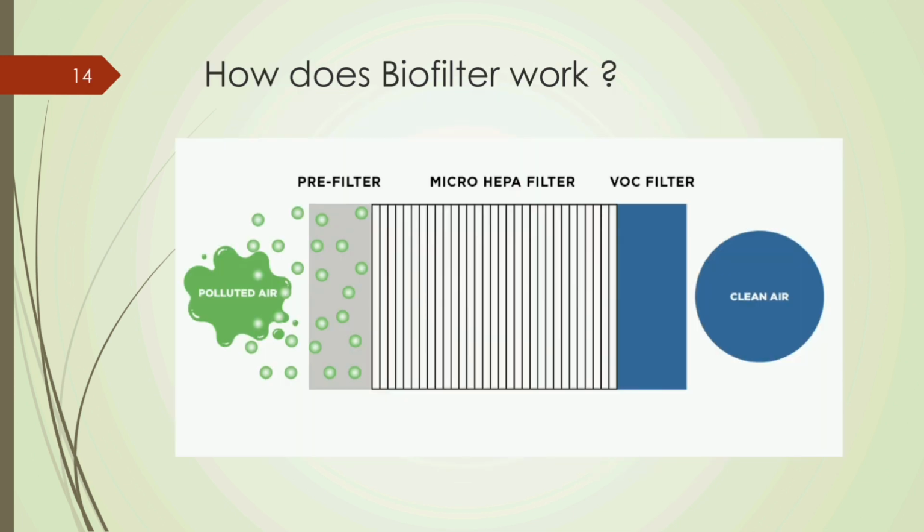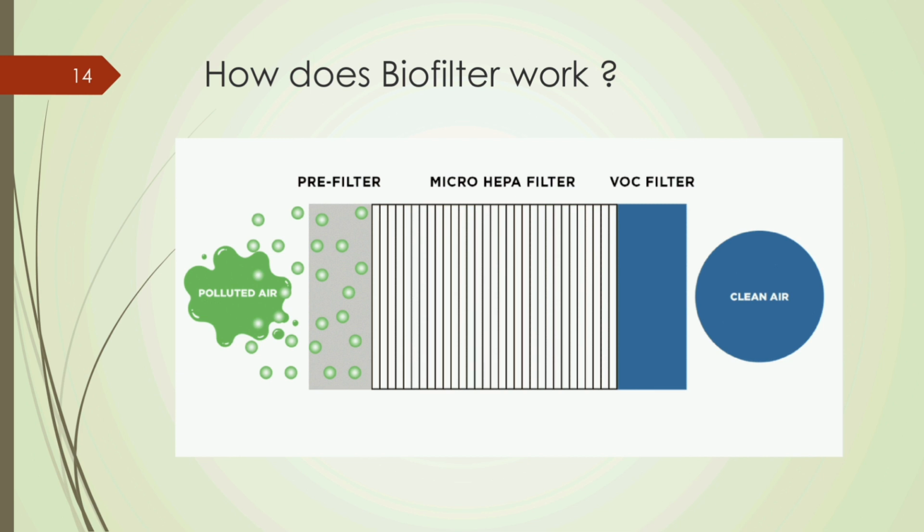How does a biofilter work? The polluted air passes to the pre-filter, where the organic compounds are adsorbed on the surface of the pre-filter, and then the polluted air passes to the micro HEPA filter. The micro HEPA filter absorbs pollutants of size less than 0.3 micrometer.